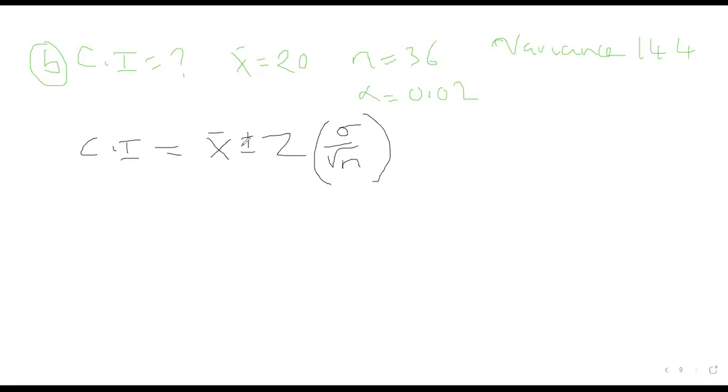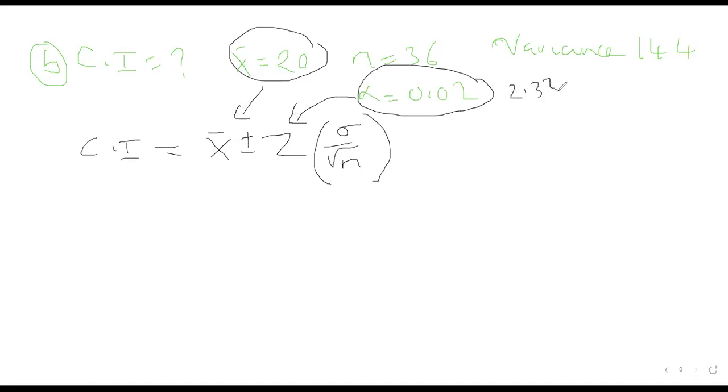So our mean is what? It is 20. We already have this. And our z, what is our z here? 2.33. And what is our standard deviation? The square root of the variance. So this will be our 12.